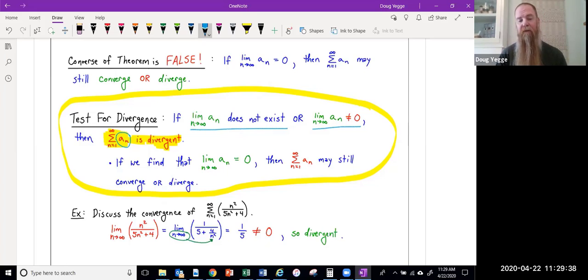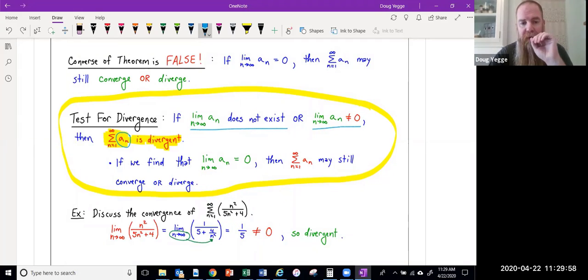Okay? That's a really helpful tool, which says if I want to determine the limit of this series, let's start by just looking at the limit of the sequence. And because that was non-zero, I knew automatically that it diverged. Does anybody have any issues on that one?